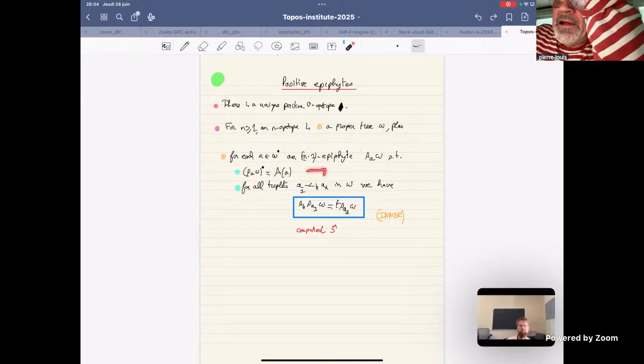Each time we have an edge in the tree, we have to respect this invariant that the B source of the A1 source of omega should be the target of the A2 source of omega.